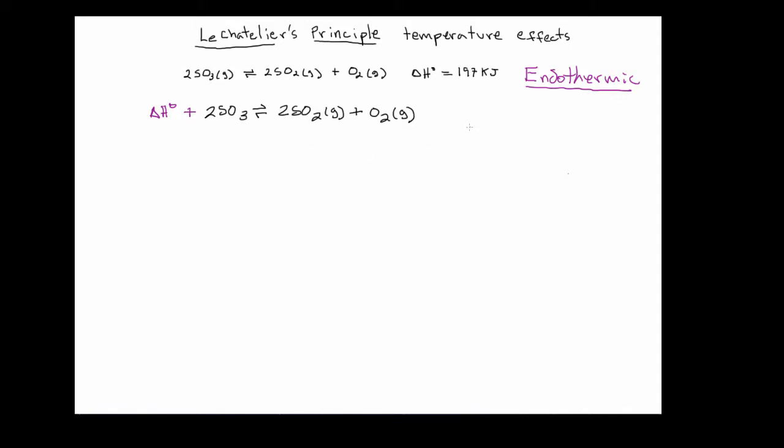Now, we can also show this another way by writing an energy diagram for this. Okay, and the reaction progress is on the horizontal axis, and we'll put the energy here on the vertical axis, and I'll just represent the platform for the reactants arbitrarily.